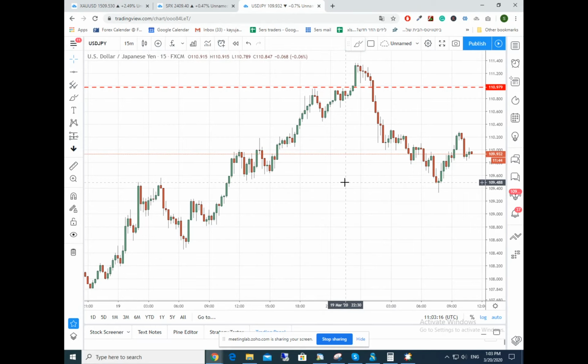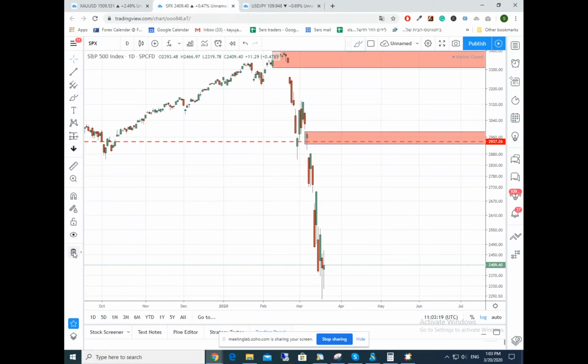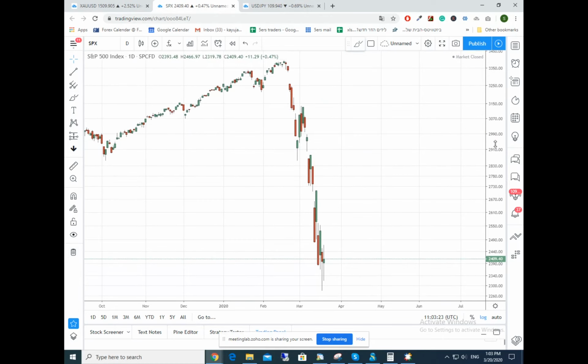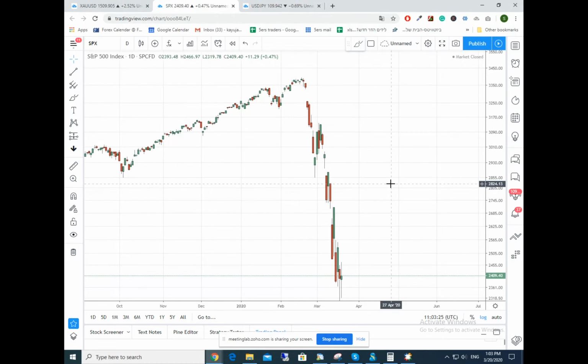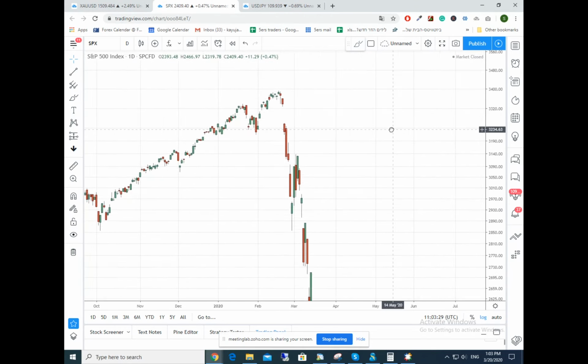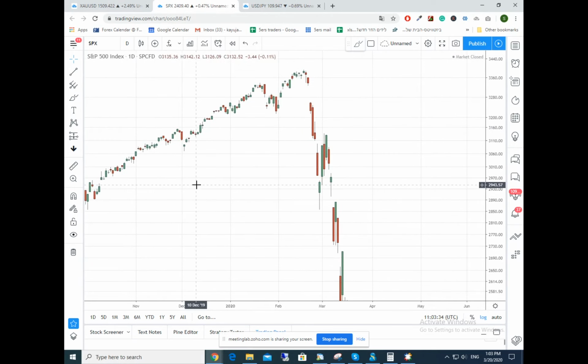Okay, let's see another example, which is a bit different, since as you can see, this is the SPX index. Let me try to make this picture clearer.